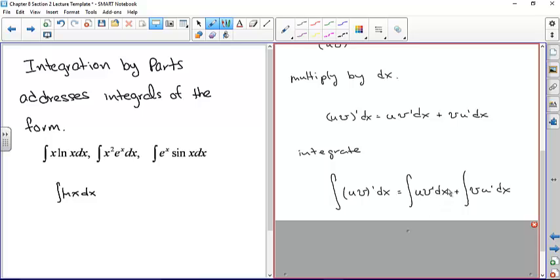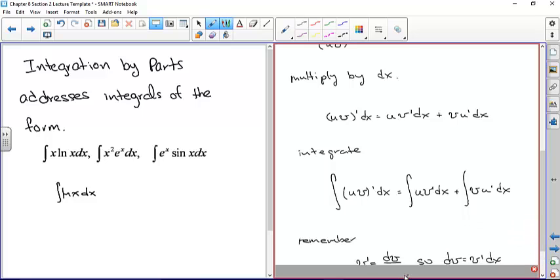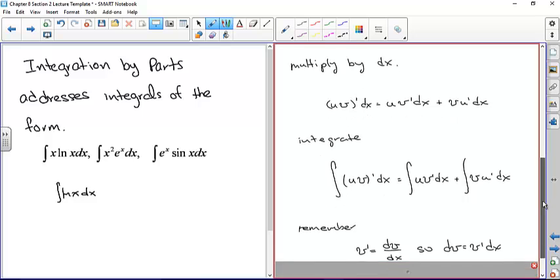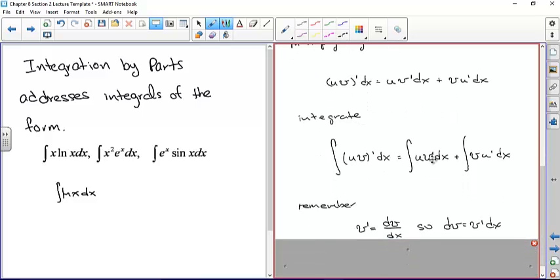So the dx's are going to cancel out ultimately. We're going back to the old notation. We switched to the new notation to do a little bit of manipulation, but now we're going to switch back to the old notation for a second.